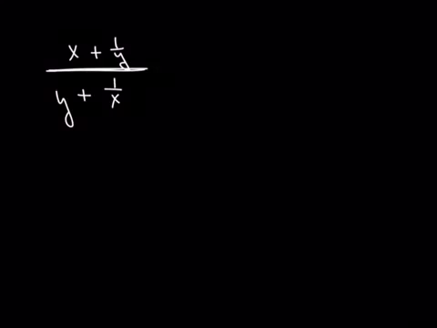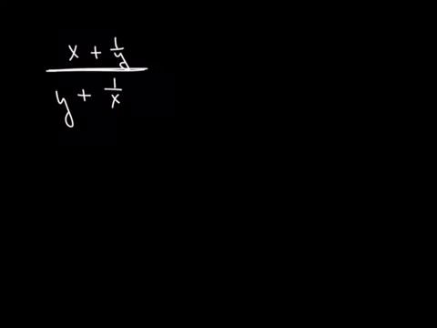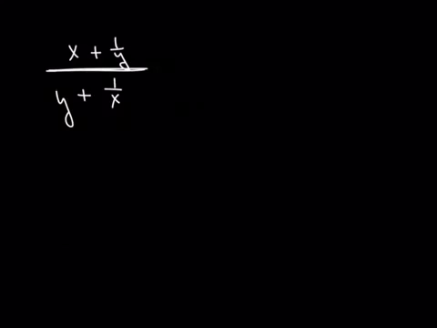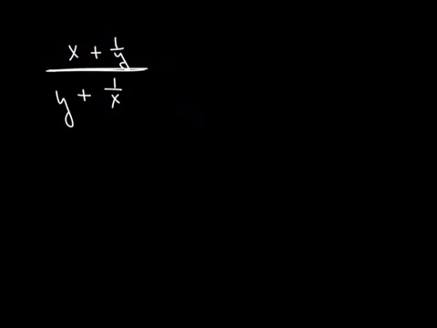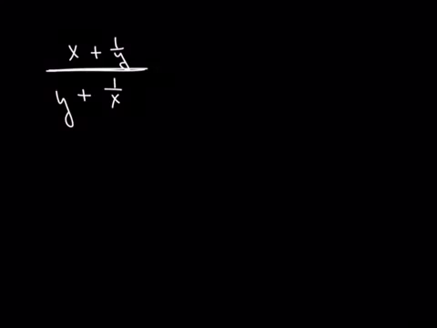All right, so what's the common denominator of this and this? Well, it would be xy. Whatever this x denominator is times whatever this one is. So what I'm going to do is multiply this whole thing by xy and this whole thing by xy.